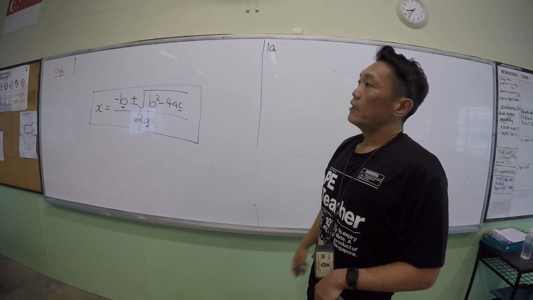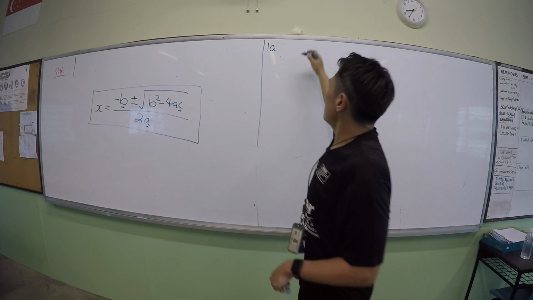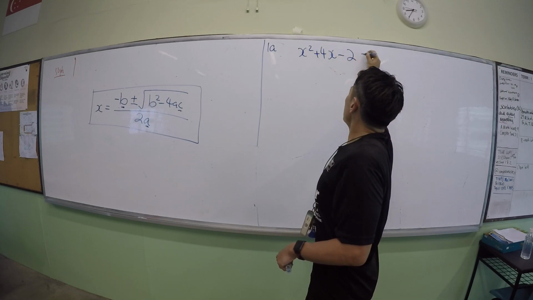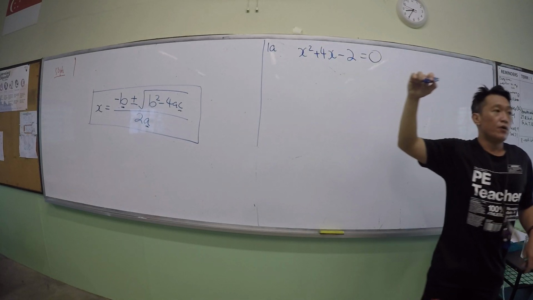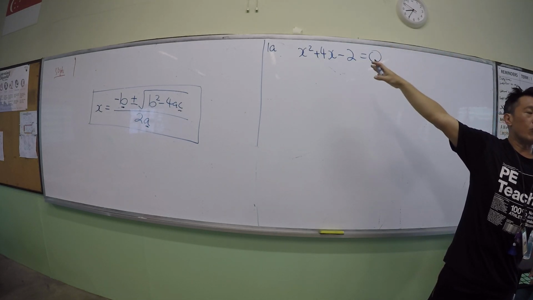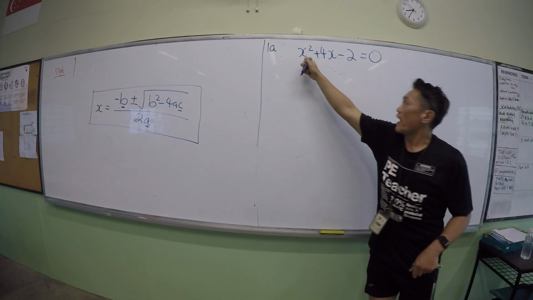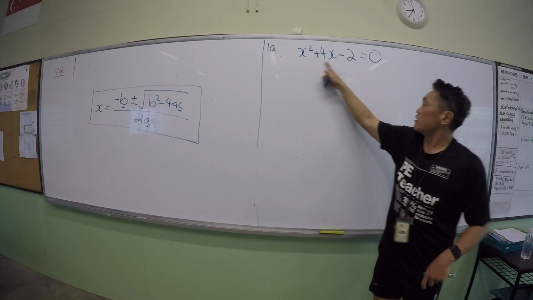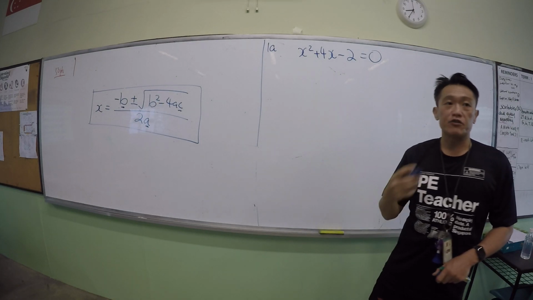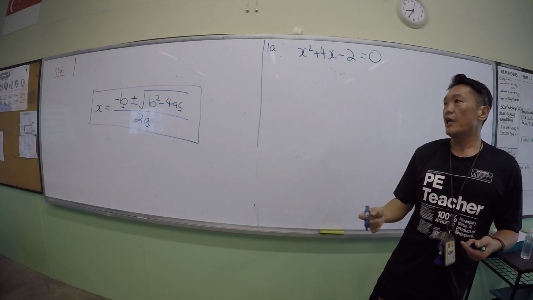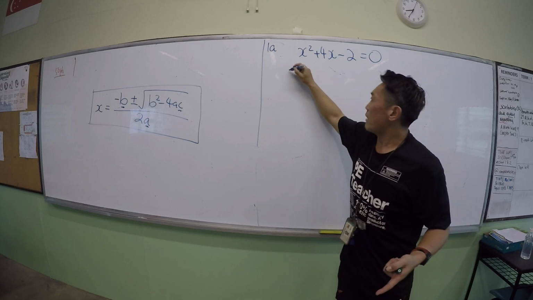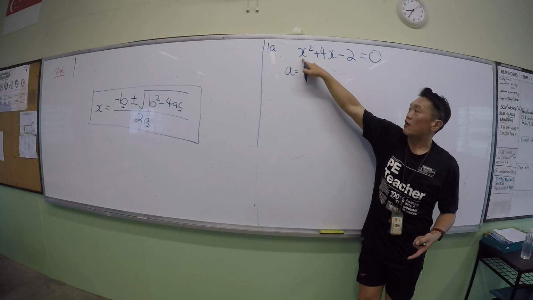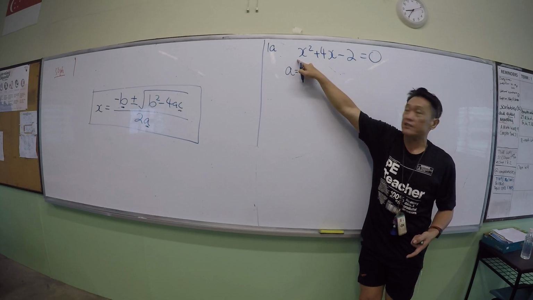One A. The quadratic equation is x squared plus 4x minus 2 equals to 0. The equation is already arranged x squared, x, followed by numbers. So from this quadratic equation, I must first recognize what are my A, my B, and my C. So I write down A is the coefficient of x squared, or the number in front of x squared.